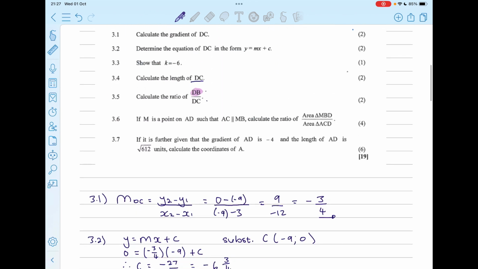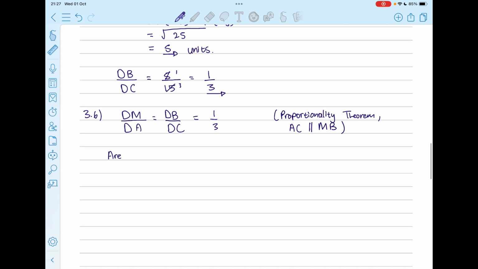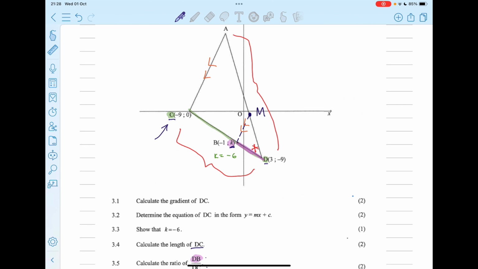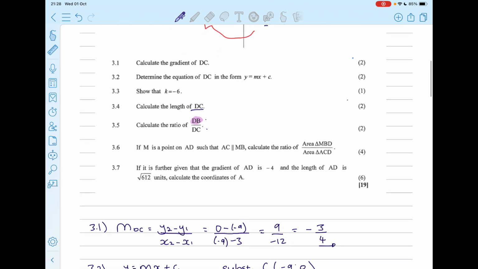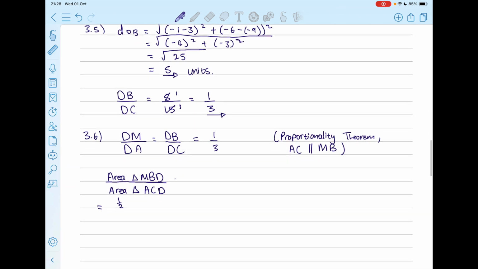So to use the areas, which one's on top? MBD and then ACD. So the area of triangle MBD over the area of triangle ACD will be equal to half, and then one side, so we'll pick DB for the small triangle and DM, and the angle between, which is angle D, according to the sine rule.